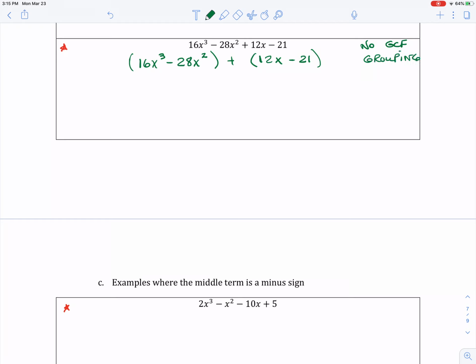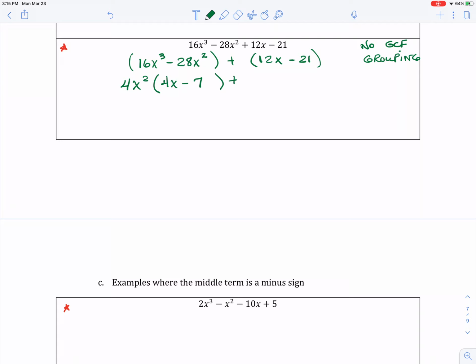All right, so as I look at the first pair of numbers, let's see, what do I see in common with a 16 and a 28? I think that's going to be a 4. And again, we go for the lowest exponent on the variables, so I'm seeing a 4x squared, which leaves a 4x minus 7. I'm doing a lot in my head there.